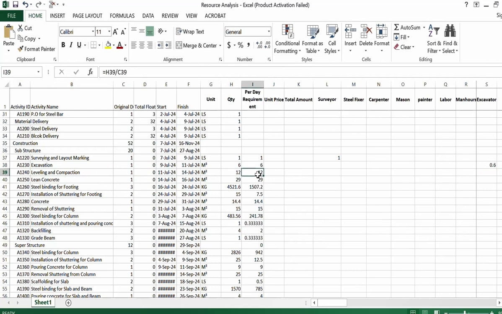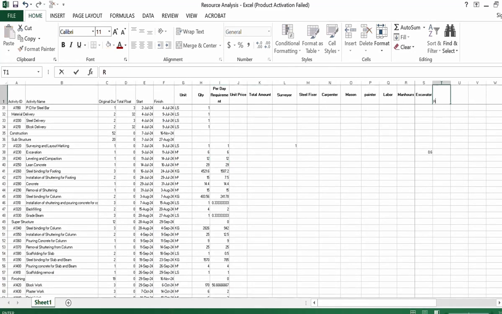Leveling and compaction will be done by a roller. For that we will put the roller here. Suppose one roller will cover 50 square meter in 1 hour, so we will divide the per day productivity by 50.